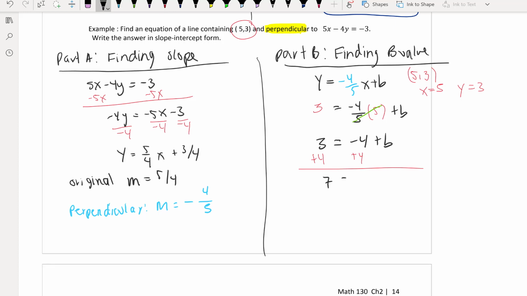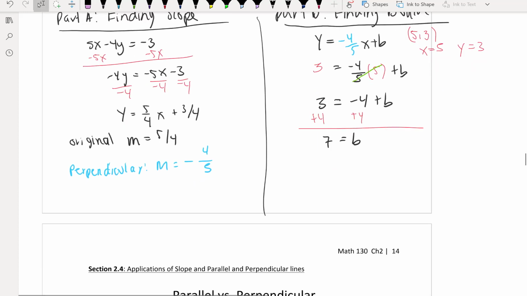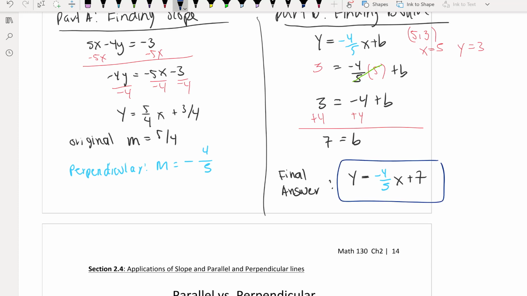So I get that 7 is equal to b. So now my final answer, I'm going to have that y is equal to my -4/5 x plus 7 as my final answer. Okay.